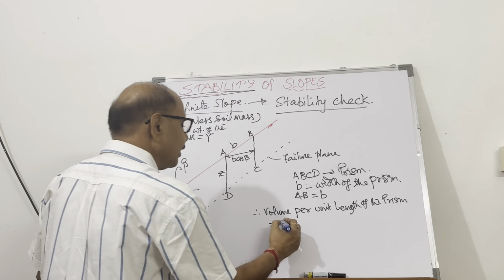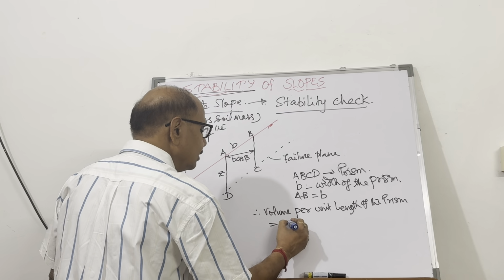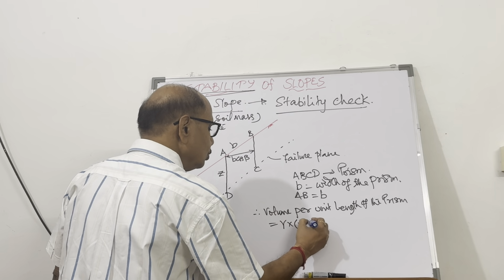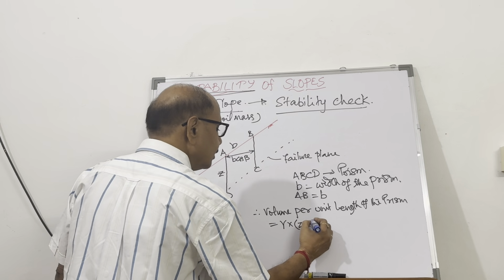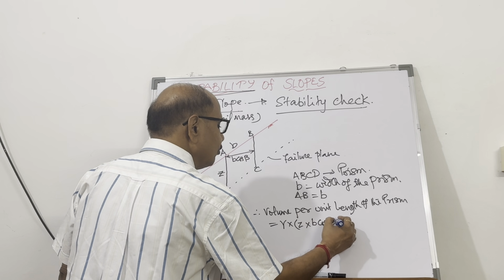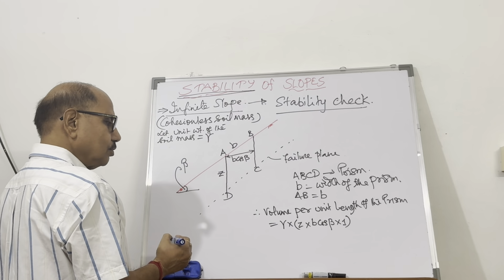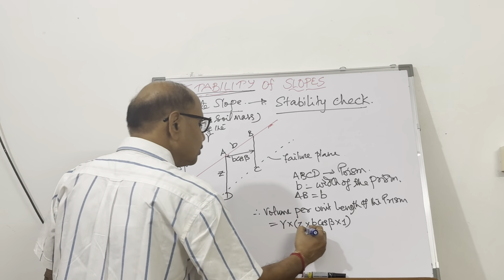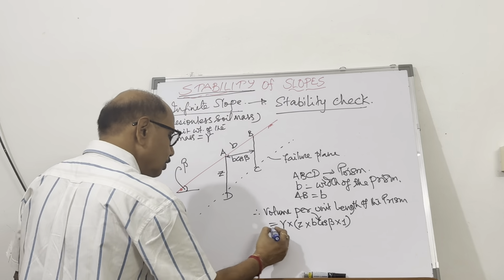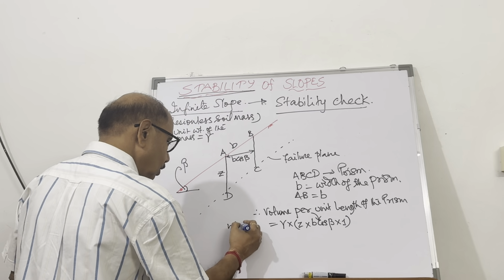So it is going to be unit weight, that is gamma, multiplied by Z into B cos beta, multiplied by 1, perpendicular to the board. This becomes the volume.